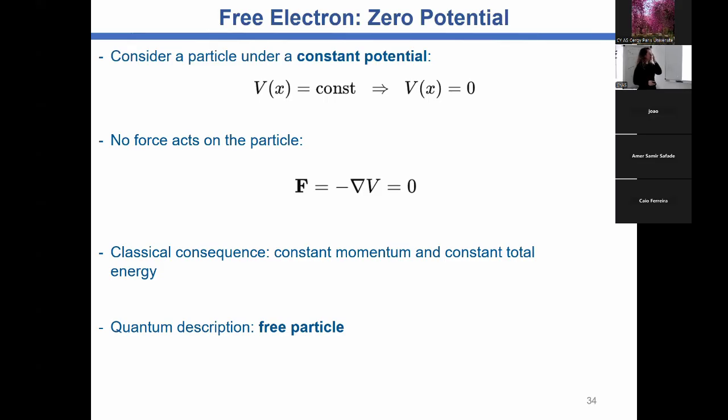So we don't have any difference in force along the position of the electron. So we have the electron moving freely in space.